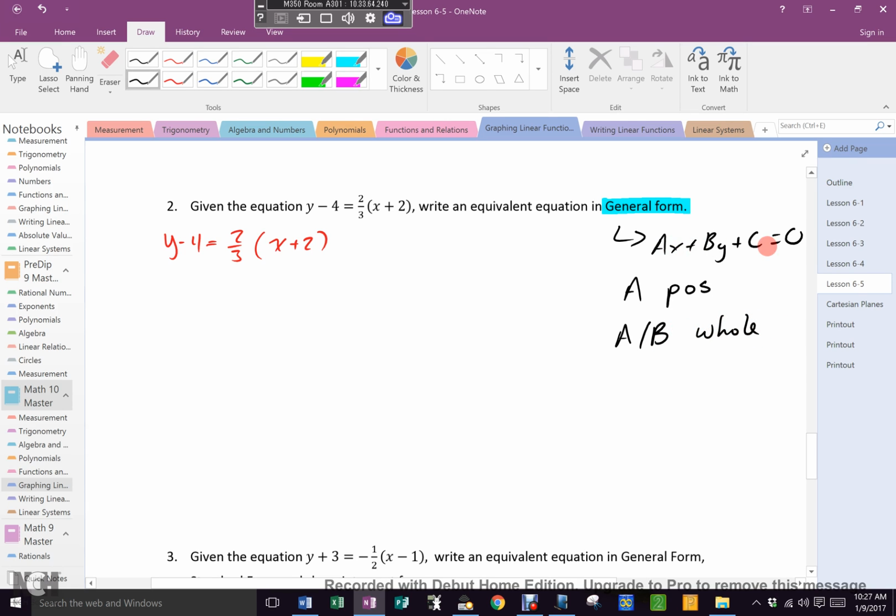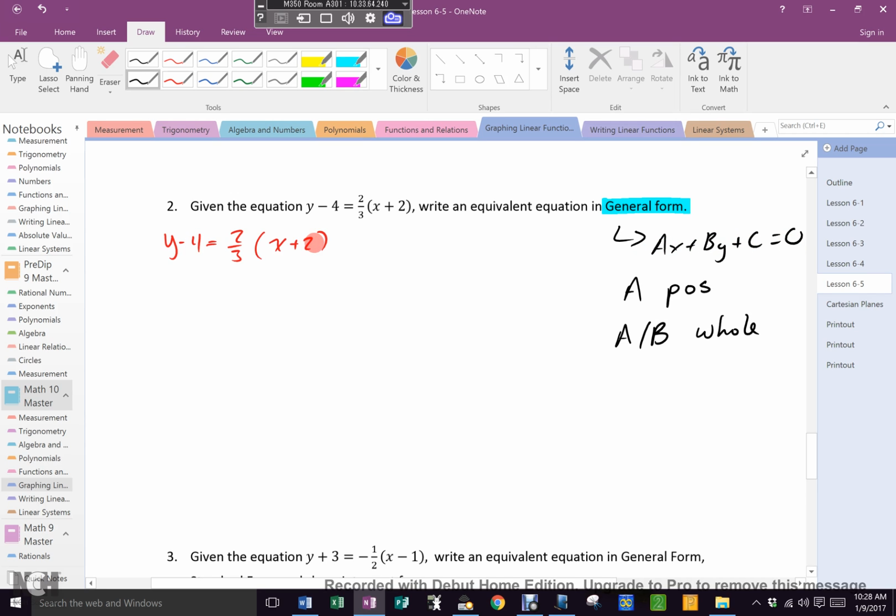Okay? What else is missing from here that's in here? What do you see in this form that is not here? No. C is just a number. There's a number. Look closer. Yep. You see a fraction. Are there fractions allowed here?